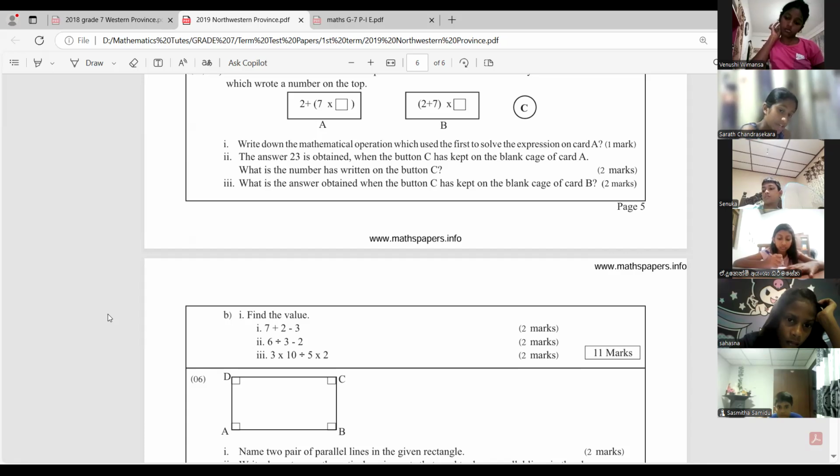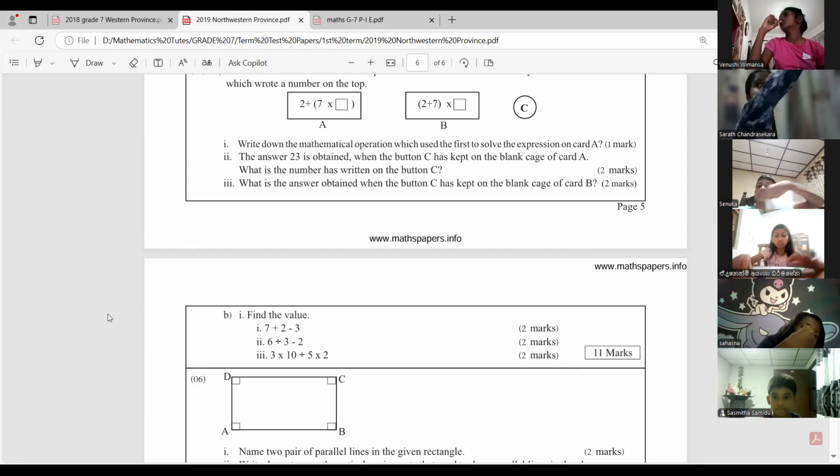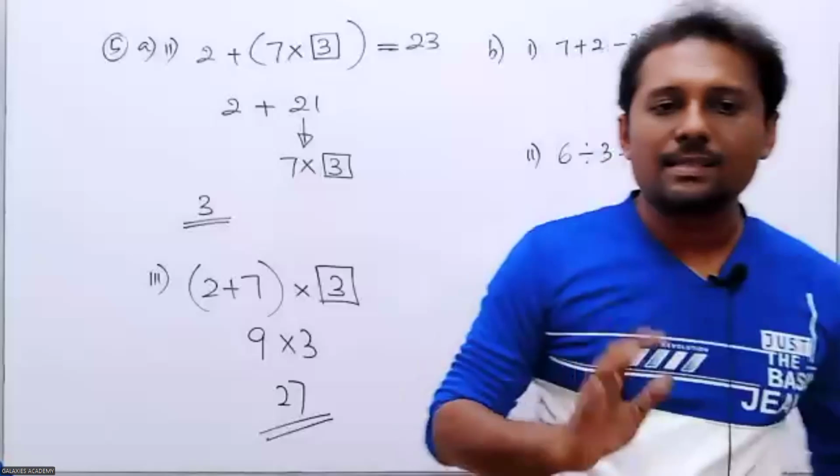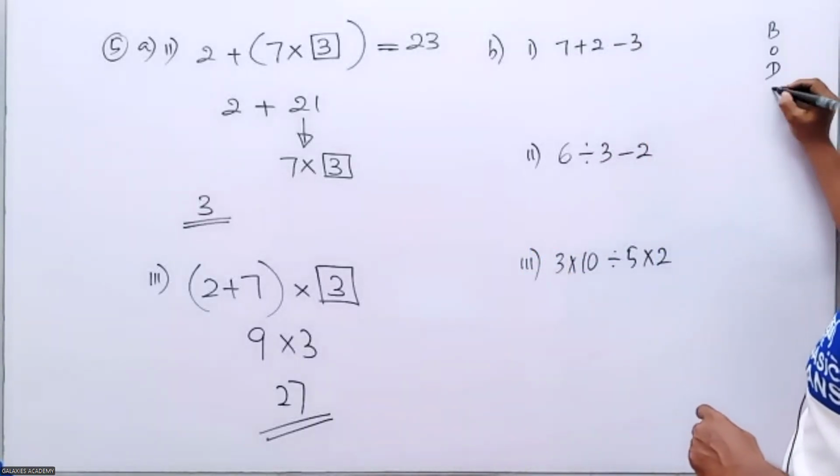Second one, 6 divide 3 minus 2. And third one, 3 multiply 10 divide 5 multiply 2. Right. They are the expressions. Also, you should revise the BODMAS rule we have to follow for these questions. Okay, BODMAS rule.